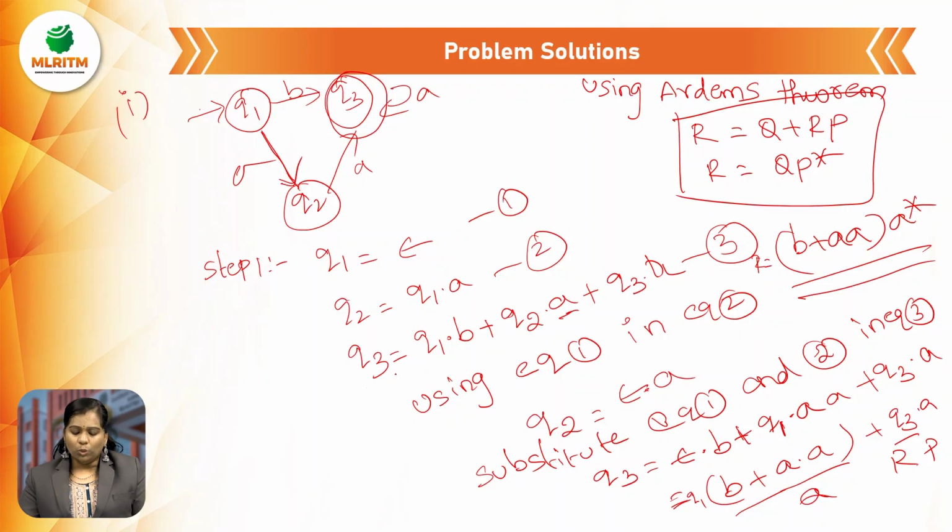Next, Q3. Q3, from Q1 it contains the incoming edge, Q2 also has an incoming edge, and itself it also has an incoming edge.